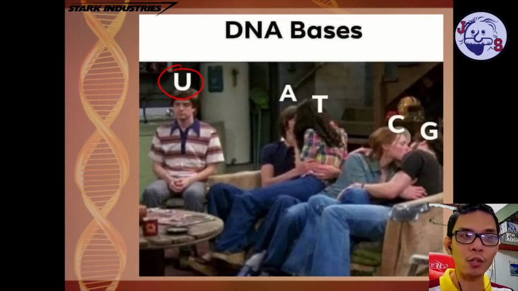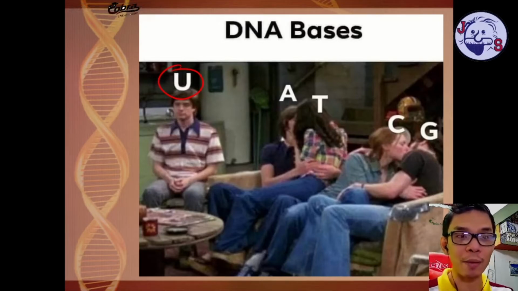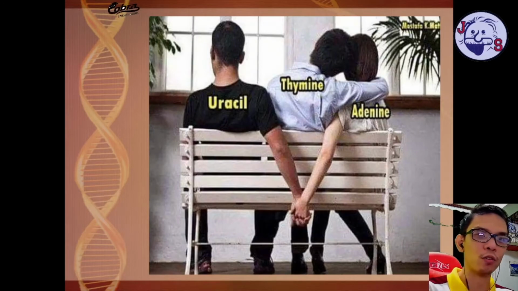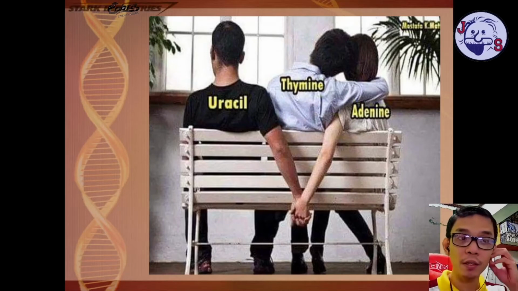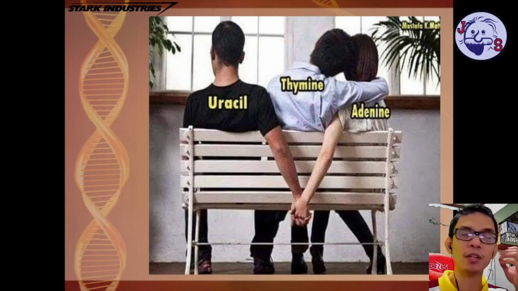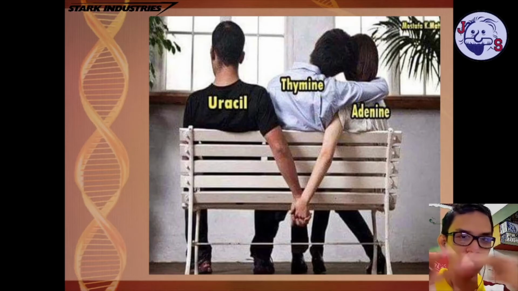In short, the uracil is the counterpart of the thymine in your RNA. So in RNA, adenine will be paired up with uracil, and the thymine is only found in DNA. That's their difference.